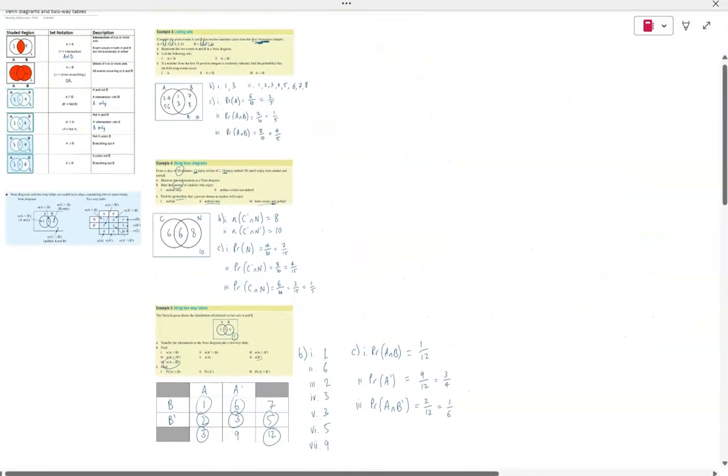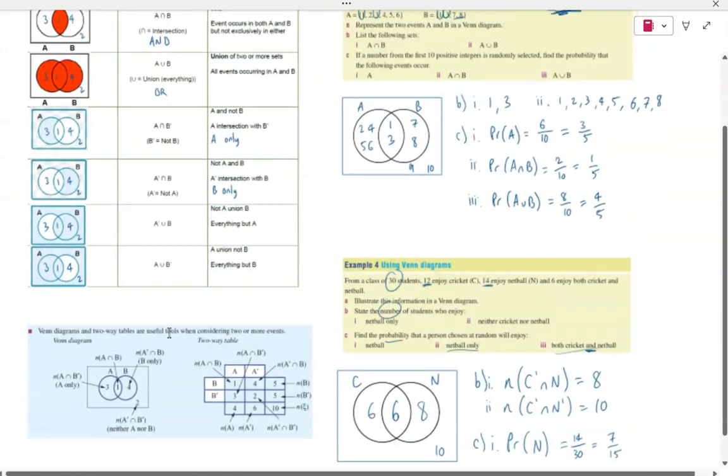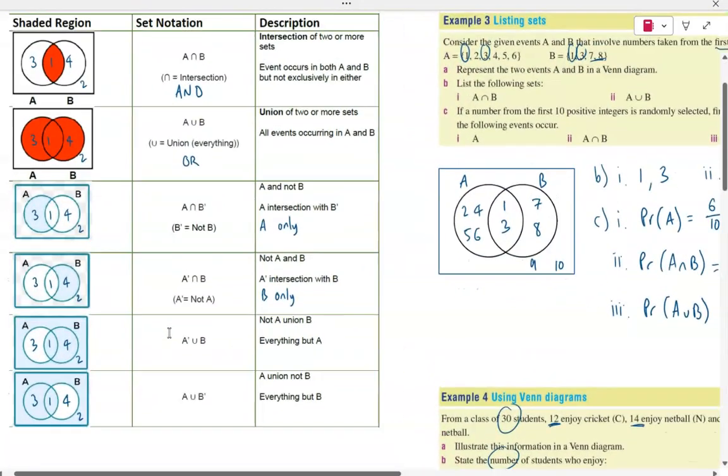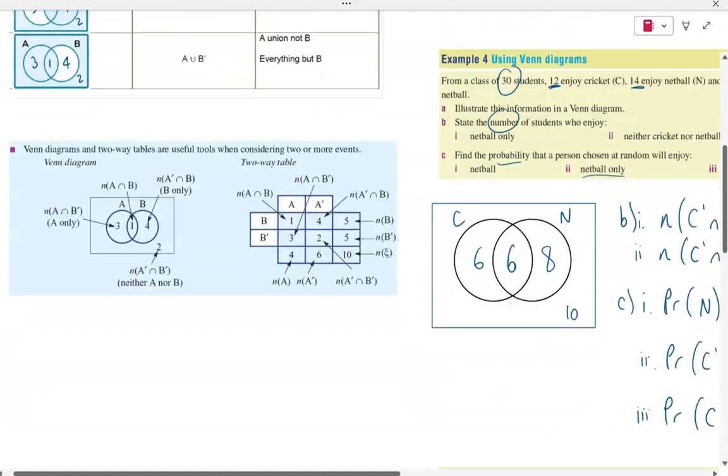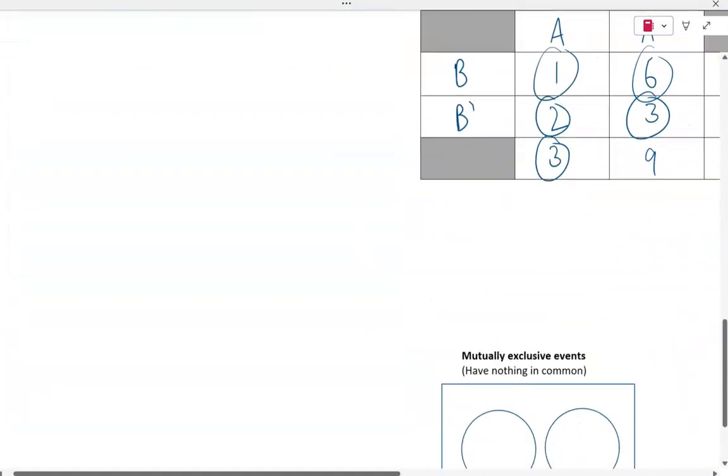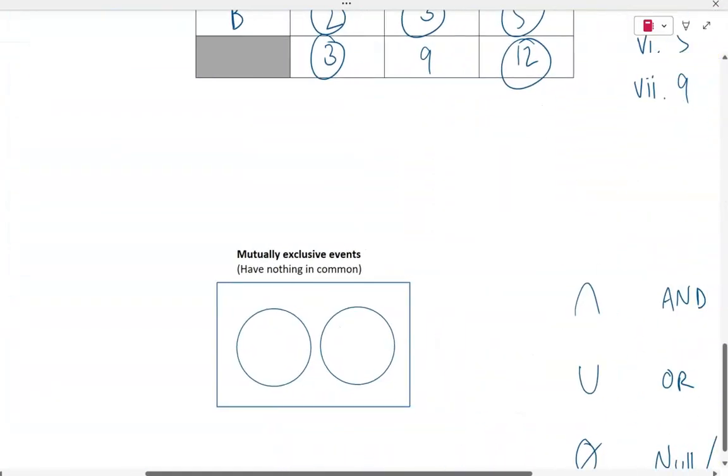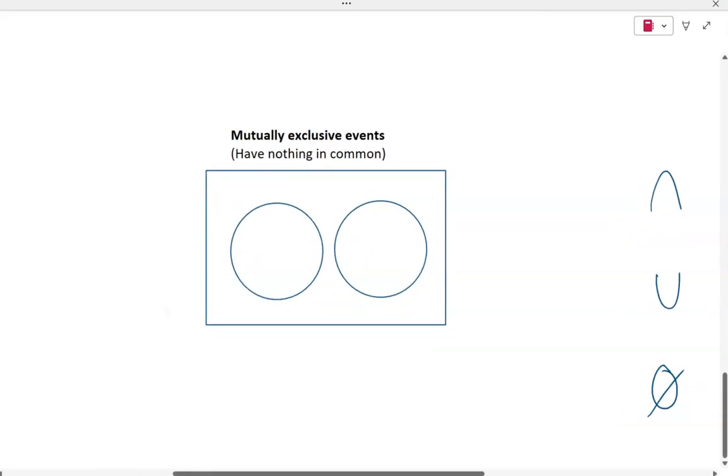That's a lot of information to take in. But like I said, if you get stuck, go back to this picture here about what section of the Venn diagram represents the different notations. One last quick thing is the idea of mutually exclusive events. If two events are mutually exclusive, they have nothing in common.